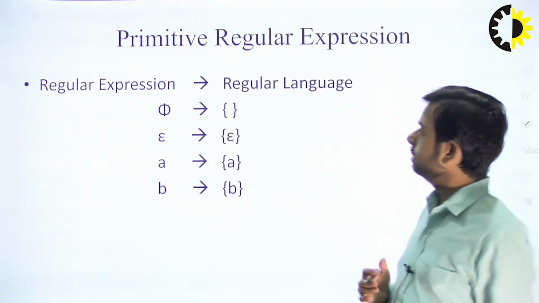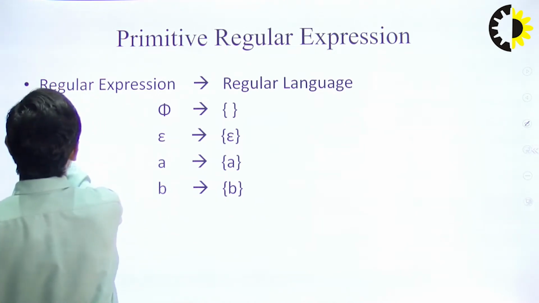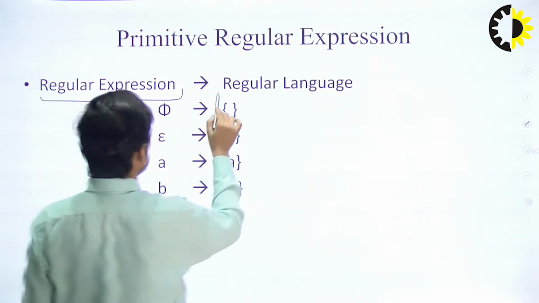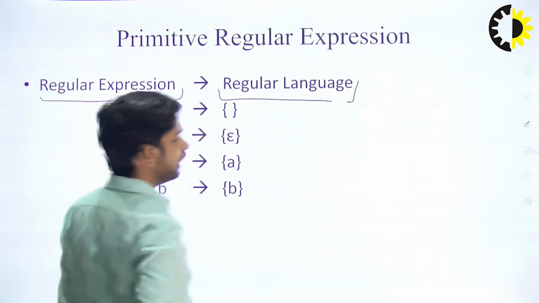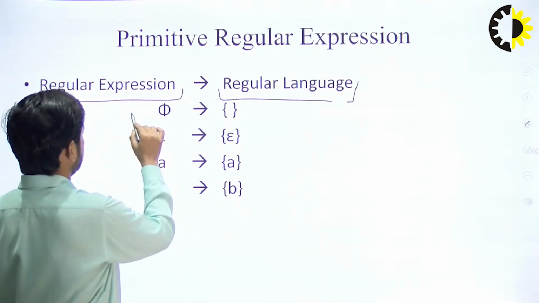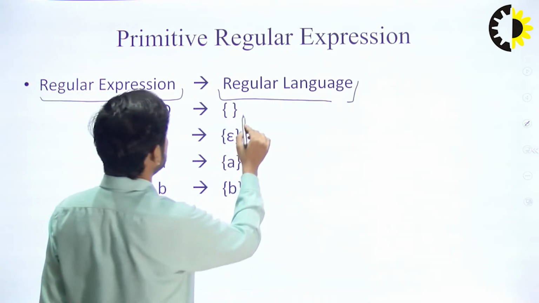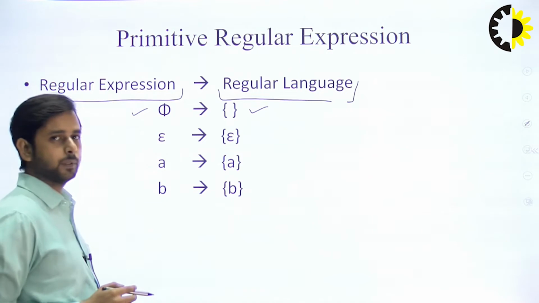So there are some primitive regular expressions. On the left hand side there are regular expressions, and on the right hand side there are regular languages. Phi is a regular expression and the corresponding regular language is the null set, the empty set.